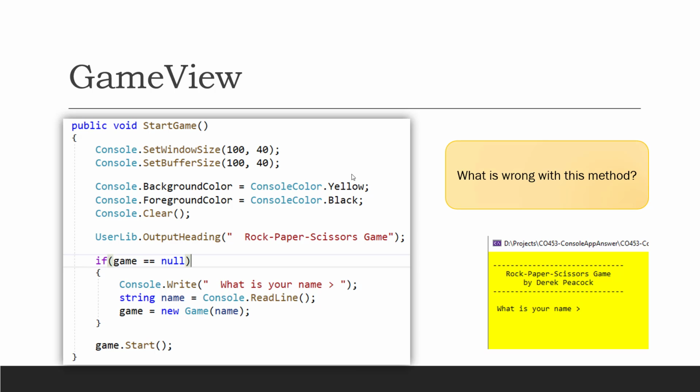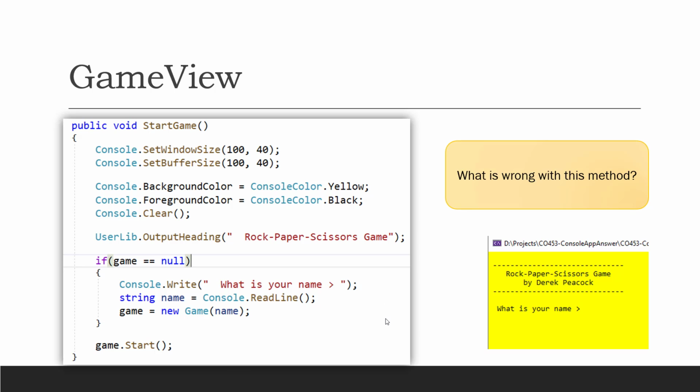So I decided I wanted a yellow background and black foreground, and I can also change the size of the window as well. And then we're going to output a heading, and then we're going to ask for their name, providing the game is null, because remember this start game might be called more than once. So if they've already started a game, finished a game, and then they come back here for a second time, they won't want to put their name in a second time. They'll want to just go straight and start the game.